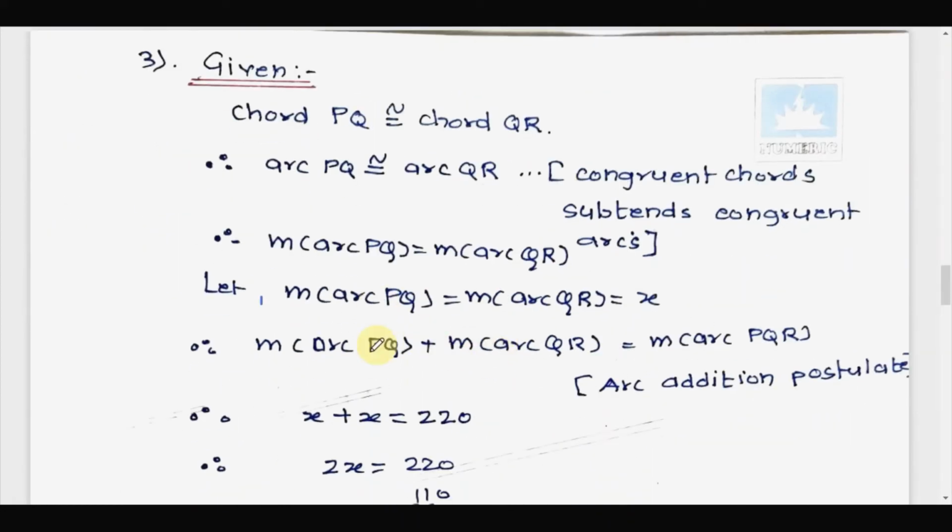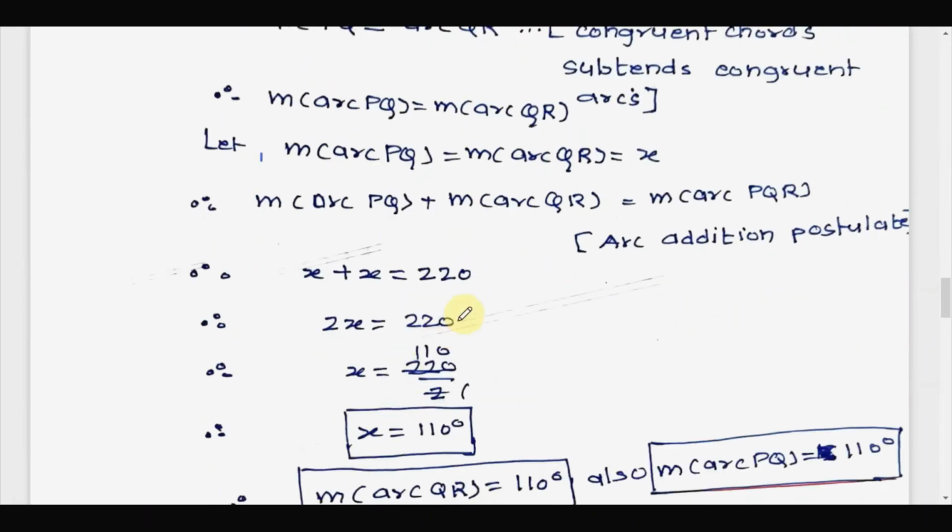So x plus x equal to 220 degree. What is the addition? 2x equal to 220. Now take 2 to the denominator. So 220 upon 2, cancel it out. So you will get value of x is 110 degree.